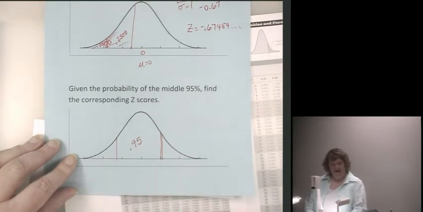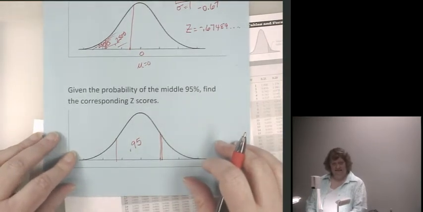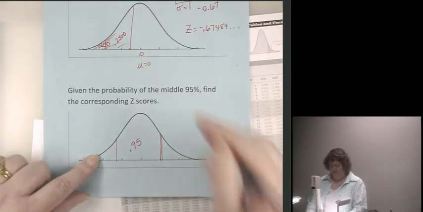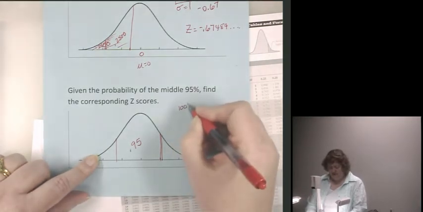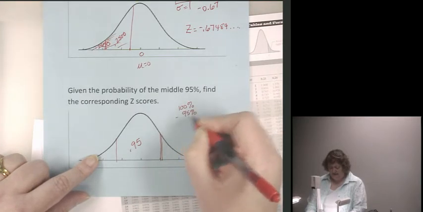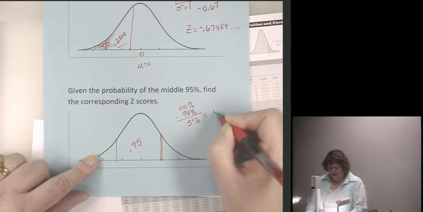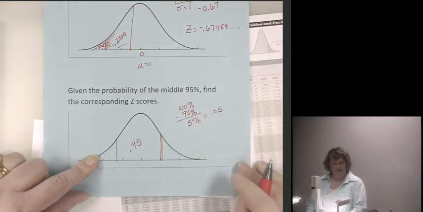If we have 95% in the area in the middle, what percentage does that leave for each of the tails? Well, that's 100% total minus 95% gives us 5% left, which is 0.05 as a decimal, because remember, the table will be in decimals.